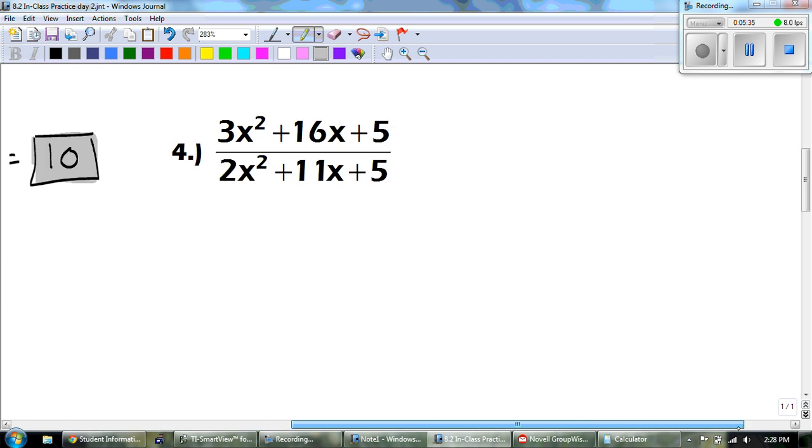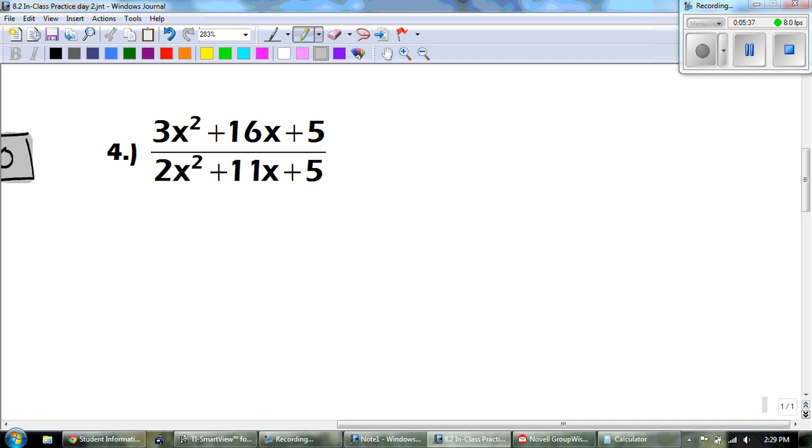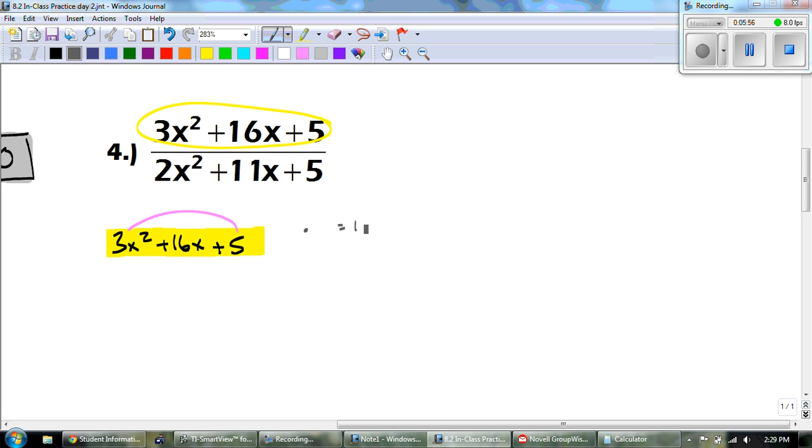All right, number 4. So number 4, we're going to have a lot of work to do, okay? So there is my 3x squared plus 16x plus 5. We need to factor this. So I'm looking for numbers that multiply to get to 15 and add to get to 16.